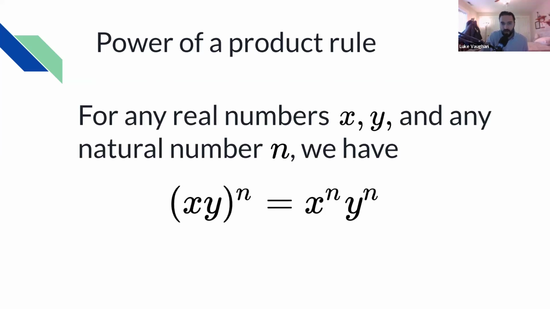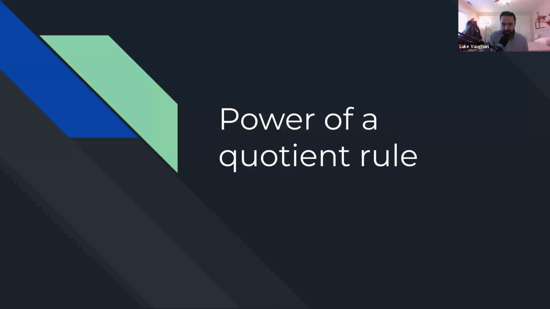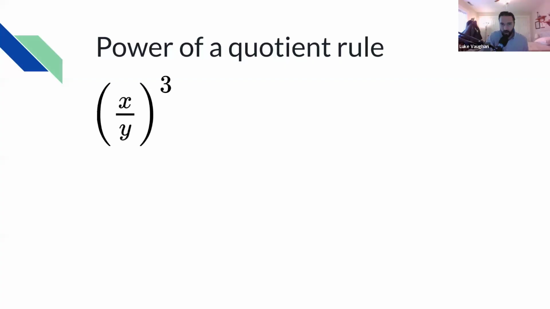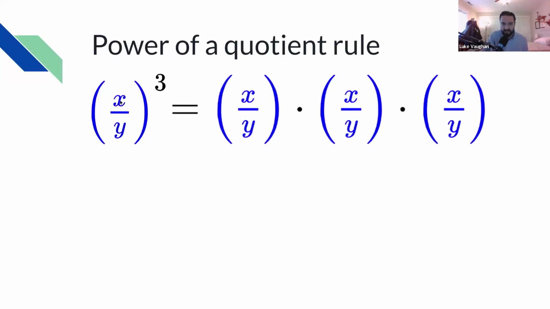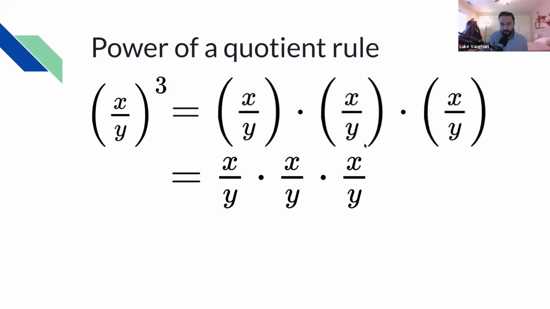Okay? The next rule is very similar. The power of a quotient rule. Here I have x over y to the 3rd power. So this thing in blue is being multiplied by itself 3 times. We can get rid of the parentheses, and here we have some fraction multiplication happening.